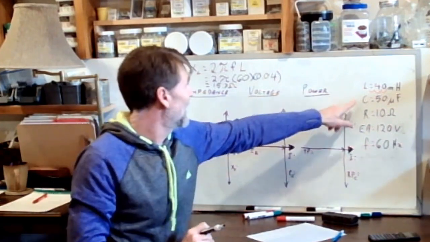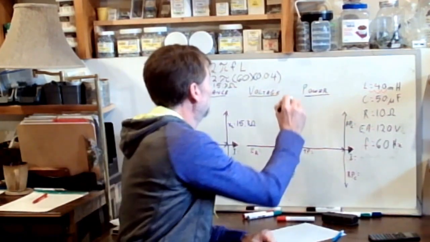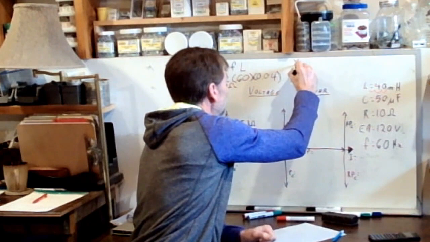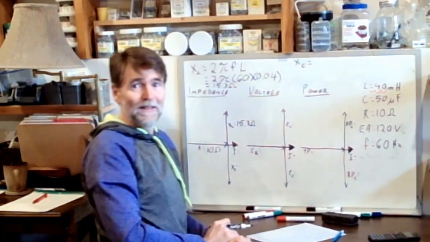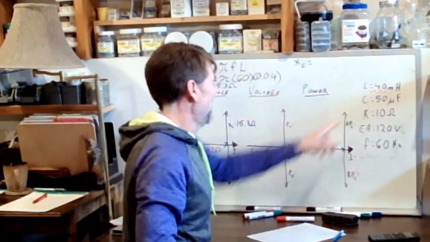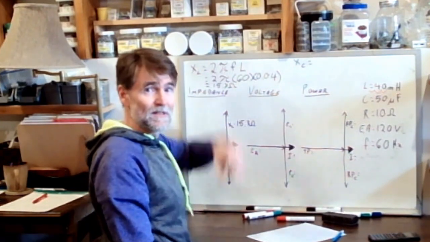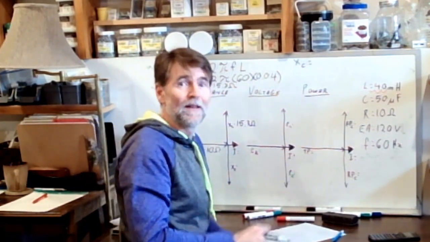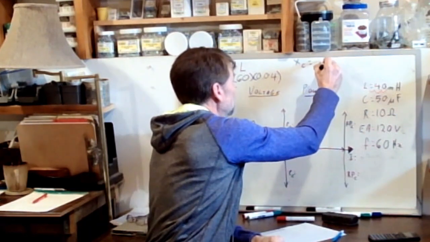Now we have to do the same for capacitance. We must calculate capacitive reactance. So XC equals, now remember capacitance is kind of exactly like inductance except the exact opposite. It's the inverse, and so it is the inverse equation.